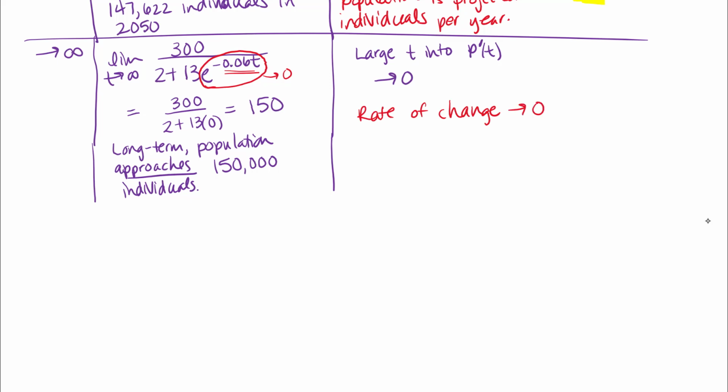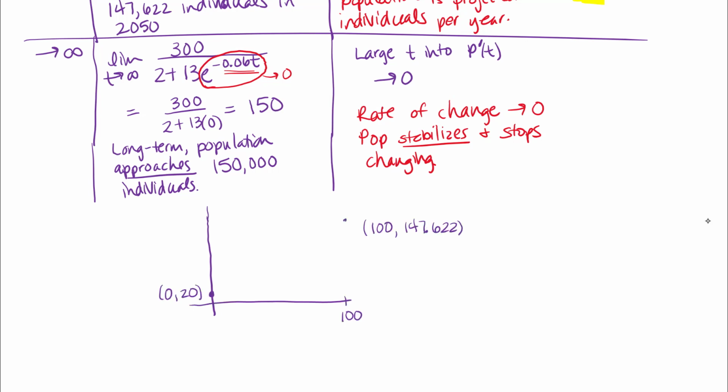So we could say that the population eventually really stops increasing and stabilizes, so that it has a 0 rate of change. If you look at a graph of the overall function, you might have to play with the window a little bit, although some of the values that we've plugged in might help with that. What you should see is a function that's growing pretty rapidly at first and then levels out.